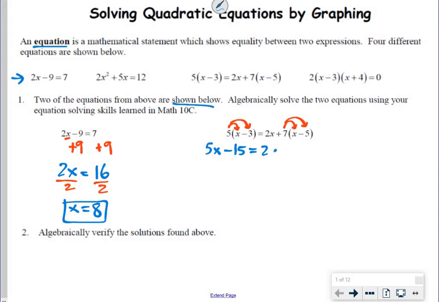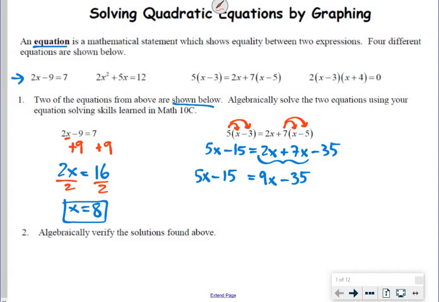So we have 2x on the right. 7 times x is 7x. And 7 times negative 5 is negative 35. Now I can group these two together. So 2x plus 7x is 9x minus 35. And then on the left I have 5x minus 15.